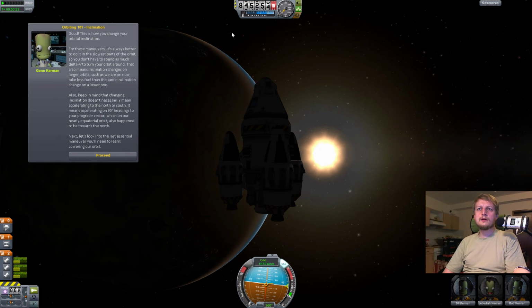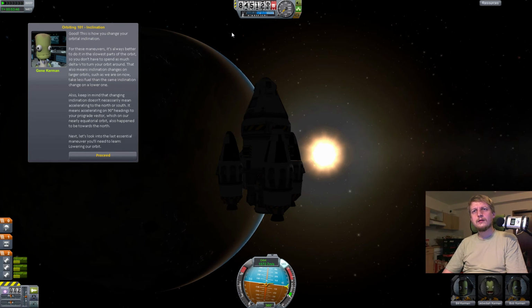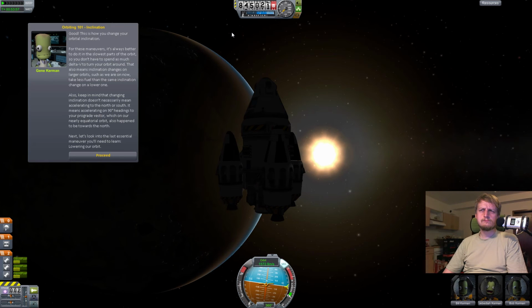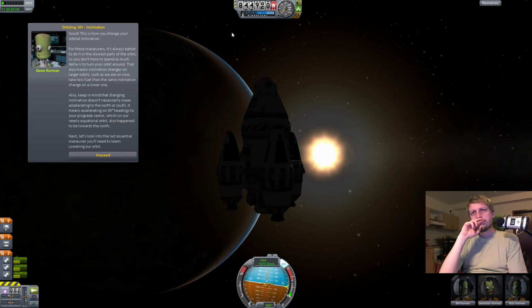That also means inclination changes on large orbits such as we are now. It's always better to do it in the slowest parts of the orbit, so you don't have to spend as much delta V to turn your orbit around. No, I can't follow.